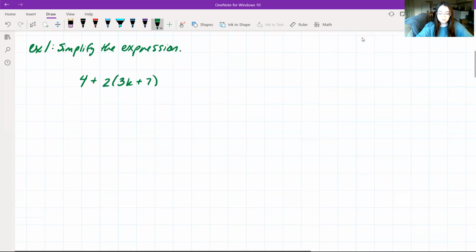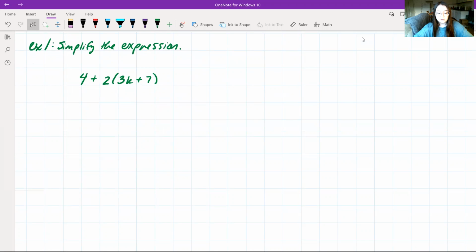So we want to simplify our expression. The expression that we have here is 4 plus 2 times (3k plus 7). So we just need to simplify as much as possible. The first thing we have to do is simplify whatever is in our parentheses using our order of operations. 3k plus 7 is in its simplest form, so what we want to do is distribute our 2 into our expression inside of our parentheses.